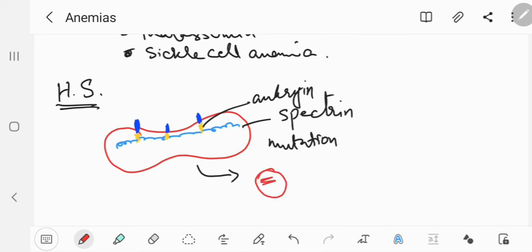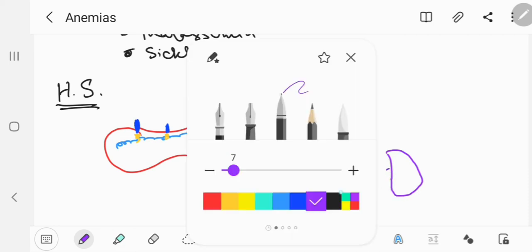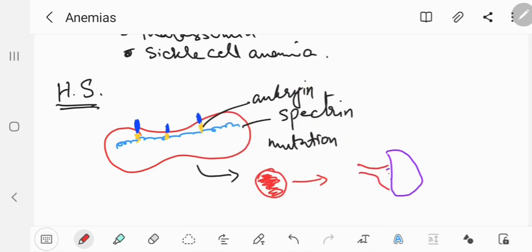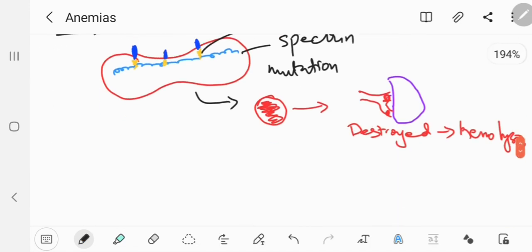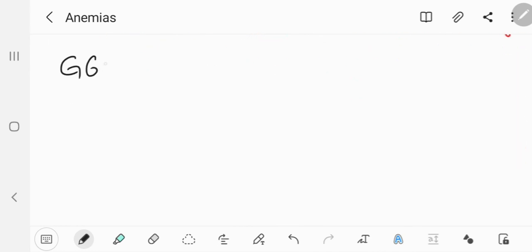Whenever there is a mutation in these two, the cell forms a bulge and becomes spherical in nature, which then gets stuck in the spleen and gets destroyed very easily, hence leading to hemolysis. This is a hereditary disease and is very common in African ethnicities.